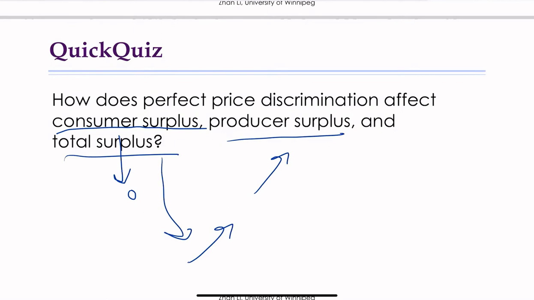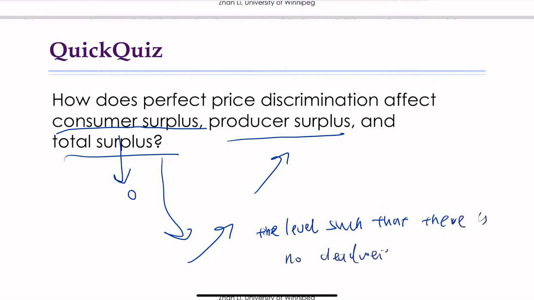To be more specific, it actually increases to the level such that there is no deadweight loss. Right? Essentially, the total surplus will increase to the efficient level of total surplus.